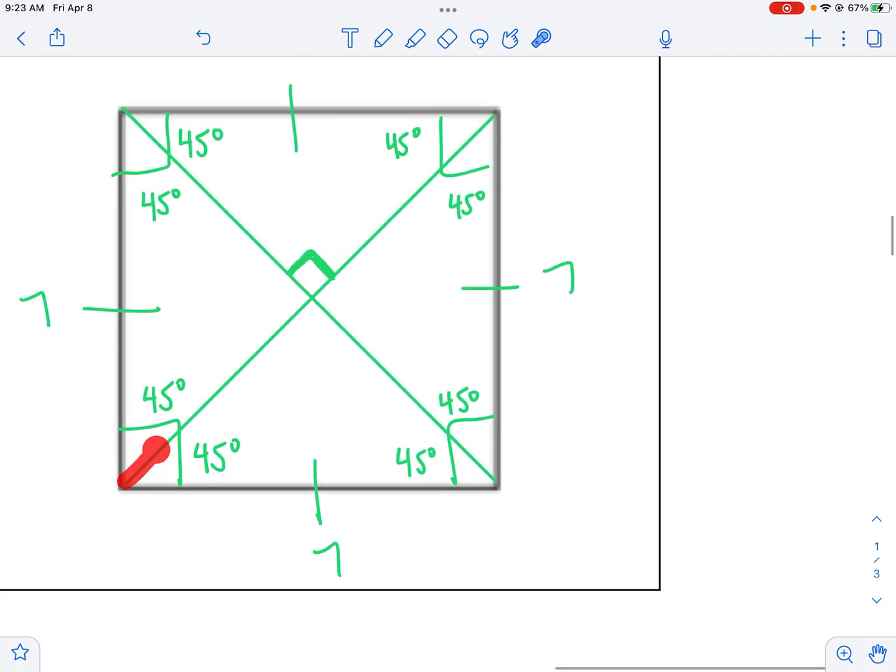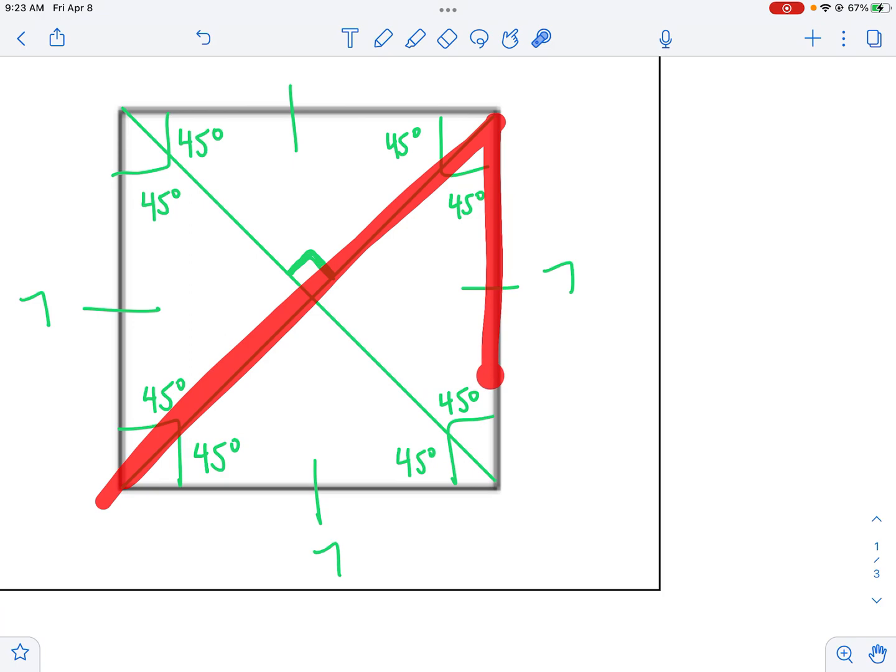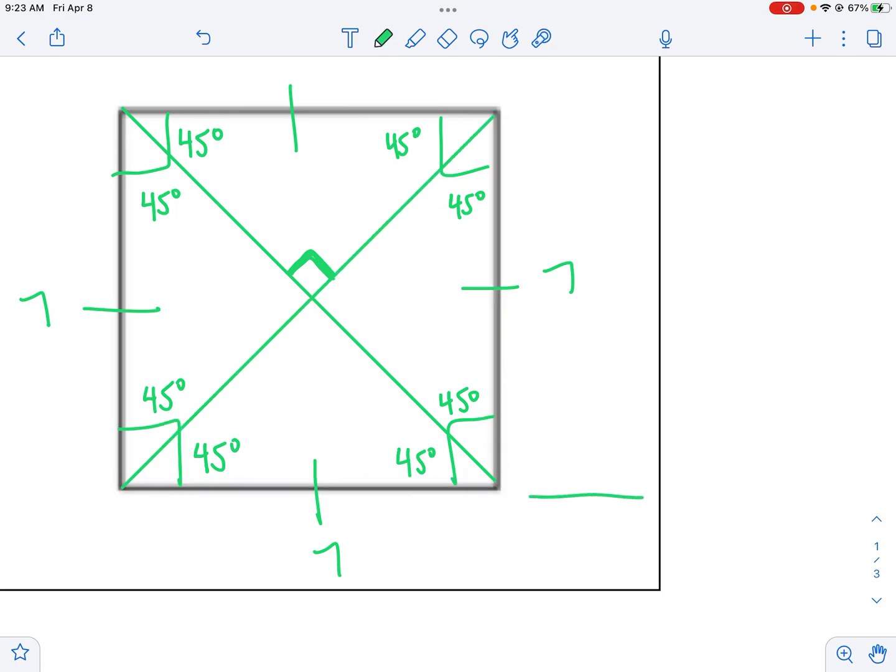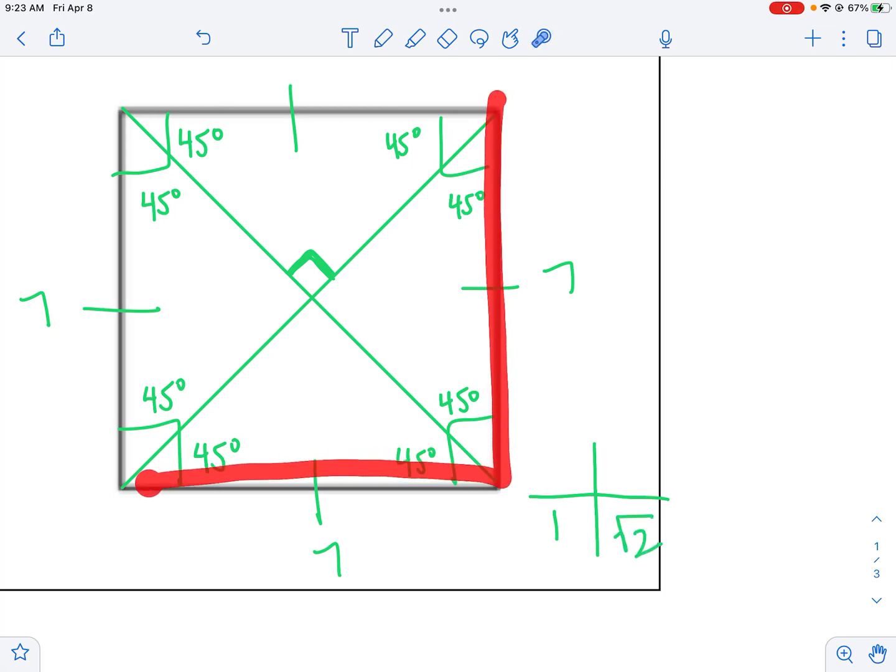So if it's a square and I asked you to find the diagonal, it's just a 45, 45, 90. You could set up your little chart for 45, 45, 90. Remember that our 45, 45, 90 chart had 1, 1, and root 2 on the bottom. And if I'm looking at this triangle right here, the legs are the ones with the tick, so that would be 7. If I'm trying to find the diagonal, that would be x.